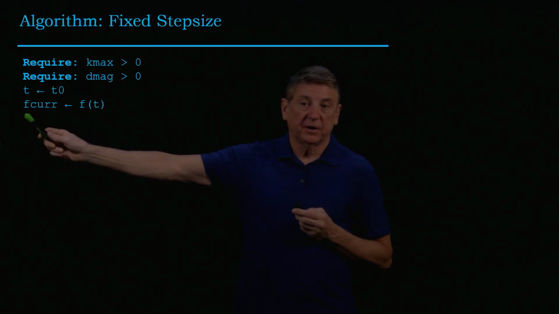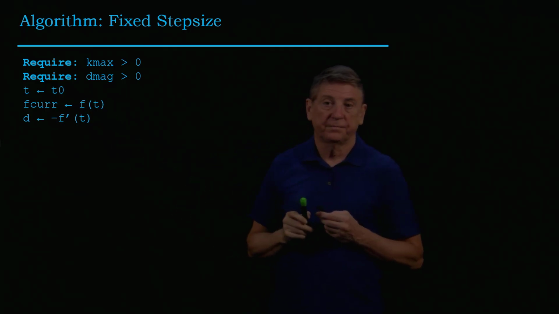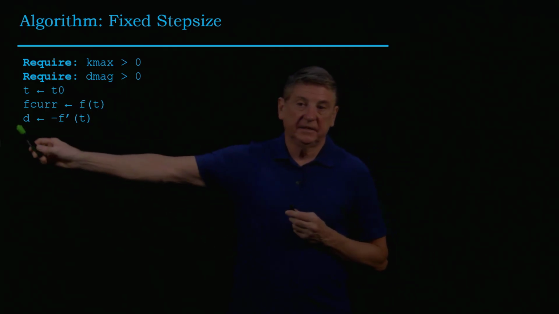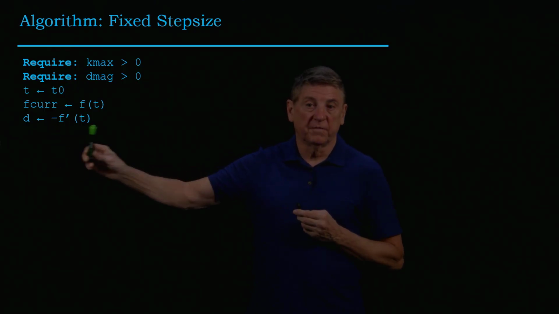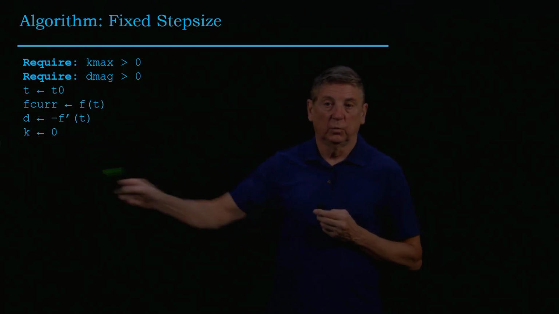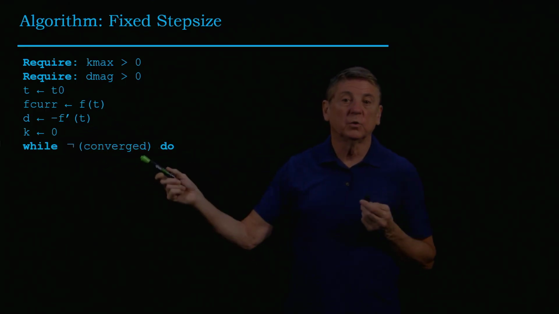And we'll say that our current estimate of the function is we evaluate the function at this value. And then we set the direction to be the negative first derivative of the function. We'll start at k equals 0, and we'll say while we're not converged.